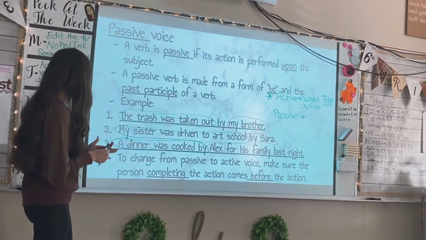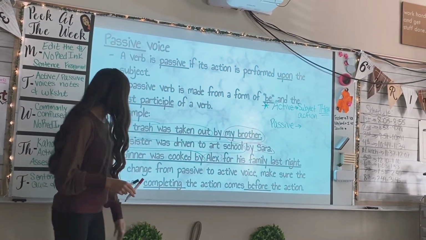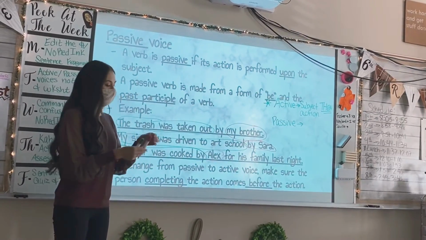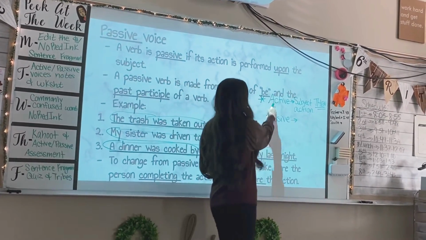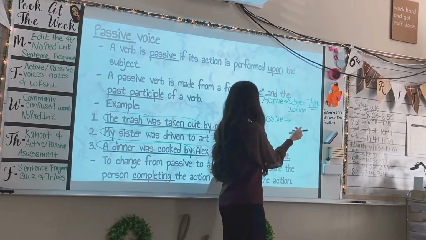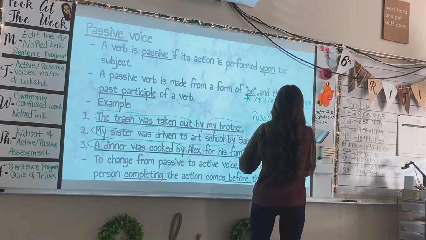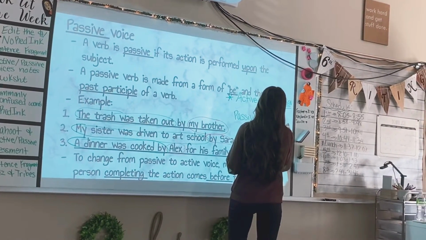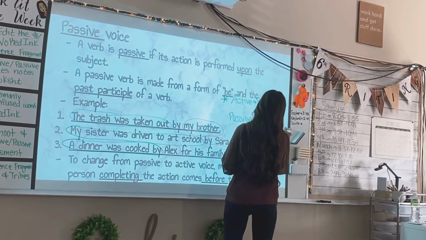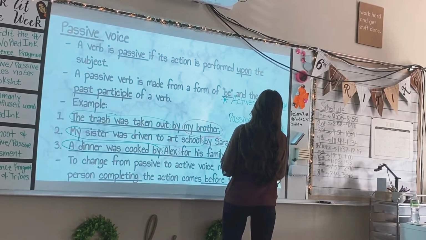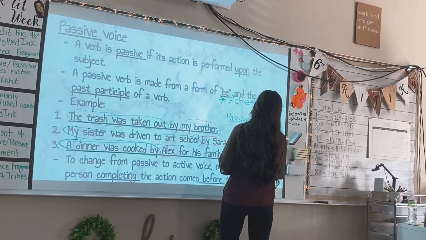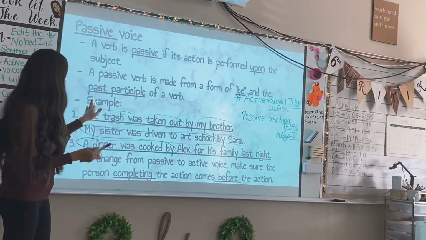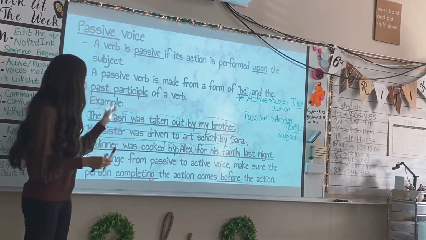So, to change from passive to active voice, you have to make sure that the person is completing the action before the action. So, remember how active is subject then action? Passive would be action then subject. For example, do you remember when we circled on the other sentences and it was red and then green? Now it's green and then red.